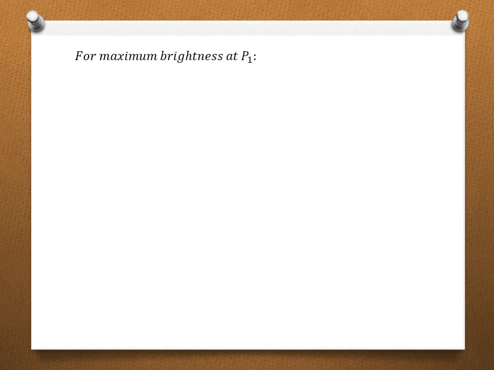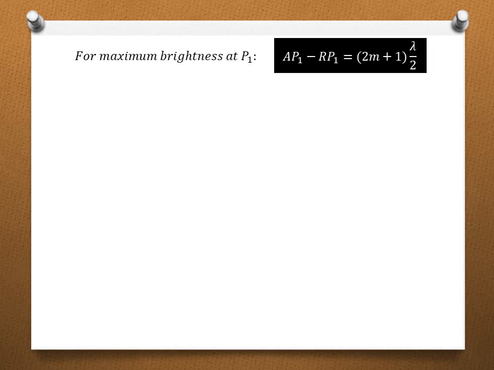Now, what is the condition for maximum brightness at P1? The condition for maximum brightness is that AR must contain an odd number of zones. An odd number of zones means an odd multiple of lambda by 2. So the path difference will be an odd multiple of lambda by 2. Substitute the values of AP1 and RP1, which we have already found.